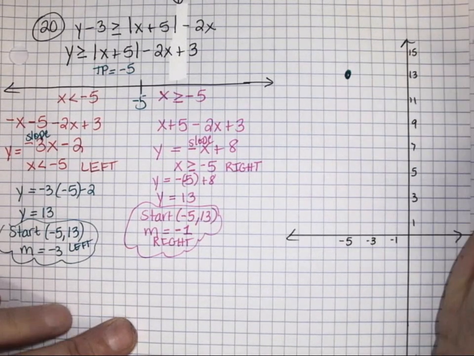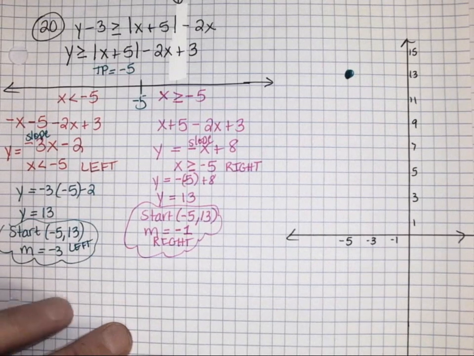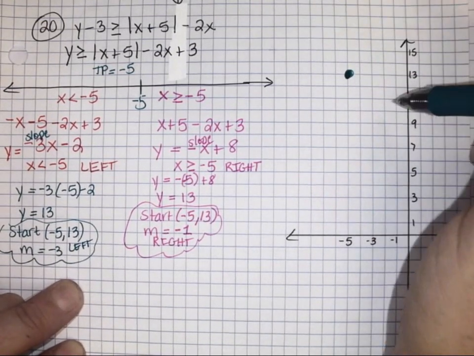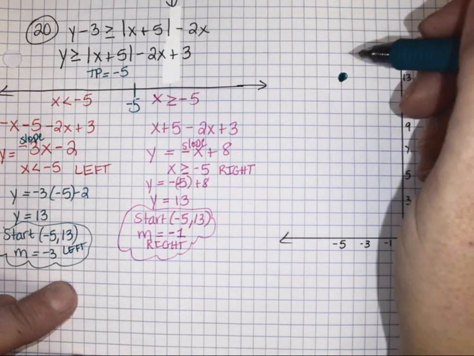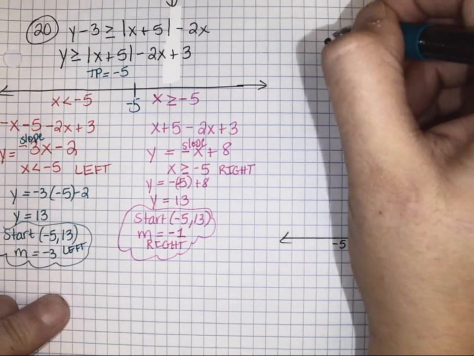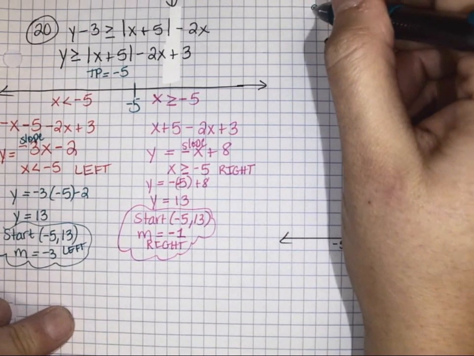Okay, and that would be open, but it's going to get filled in anyway. And then you're going to use a slope of -3, so your line should be going downhill, but I only want to see the left part. So I use slope +3 over -1. So you go up 3, left 1 to get that side, up 3, left 1.